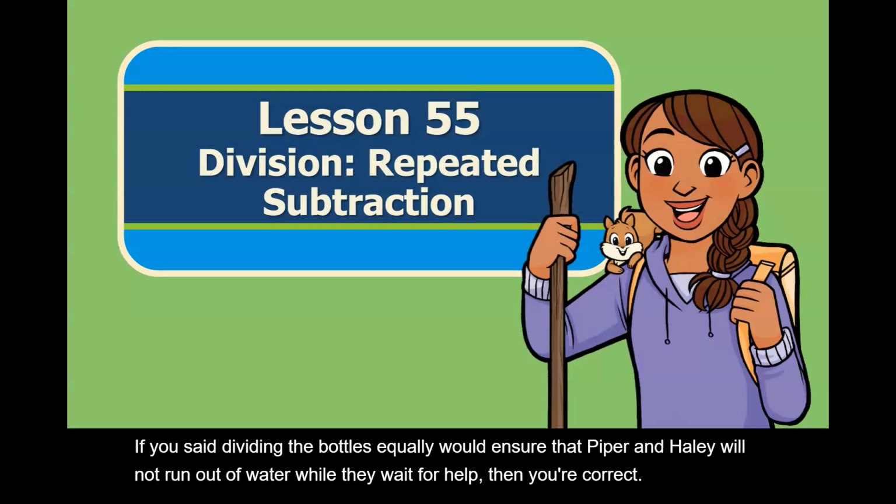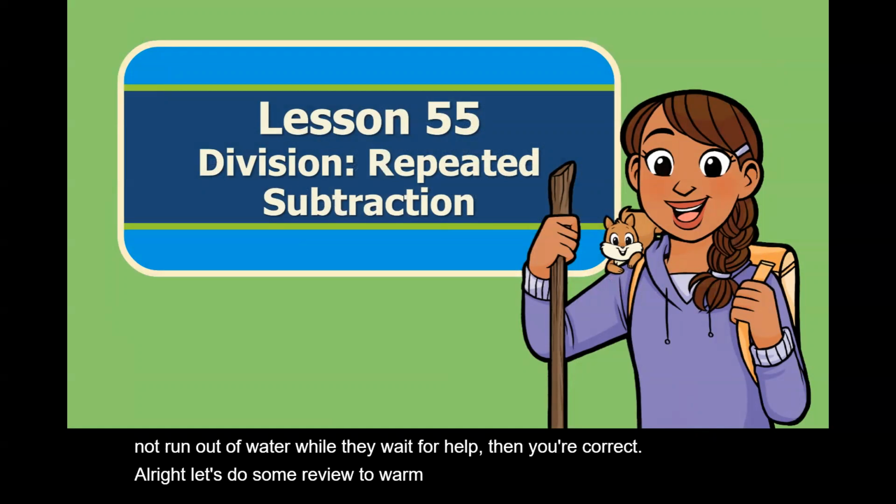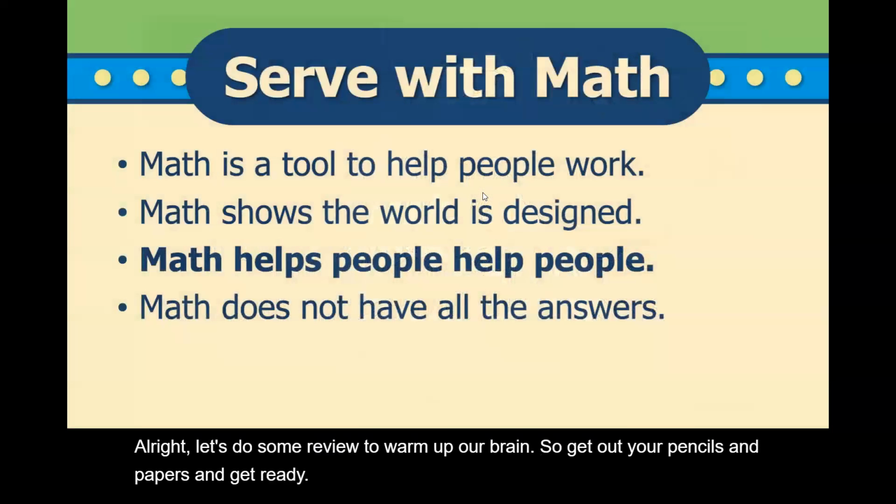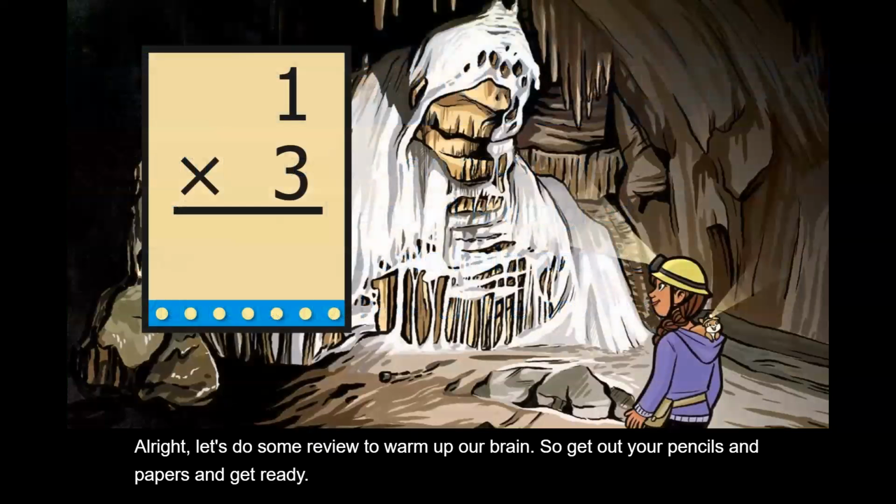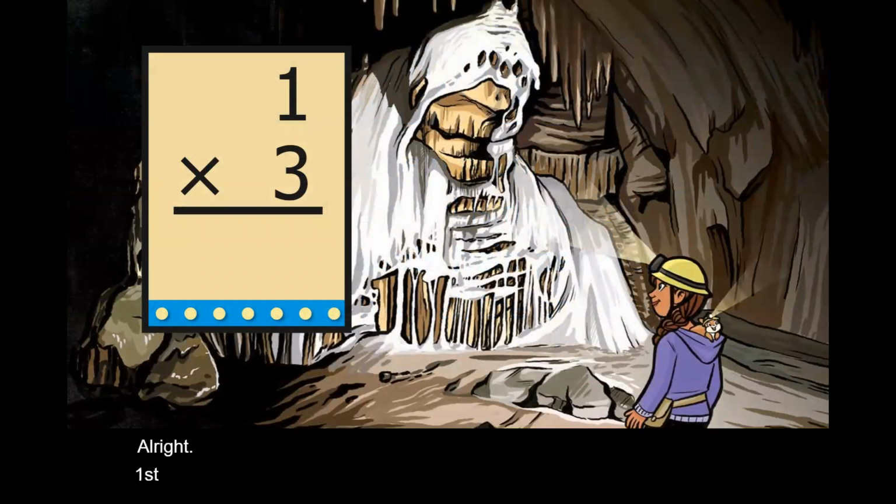All right, let's do some review to warm up our brain. Get out your pencils and papers and get ready. First, we're going to do 1 times 3. 1 times 3 is 3. Good. 3 times 3. If you said 9, you're correct. 4 times 3.